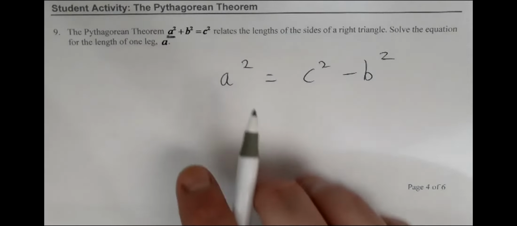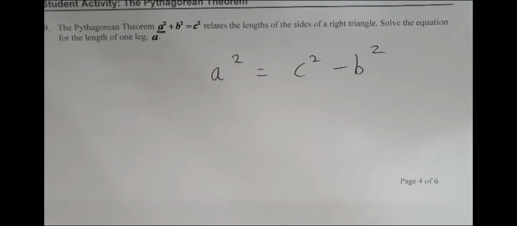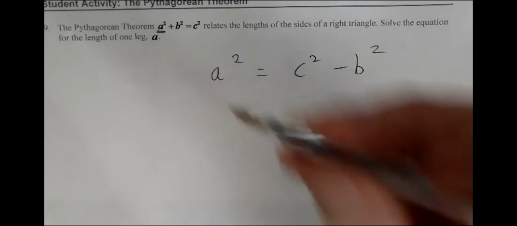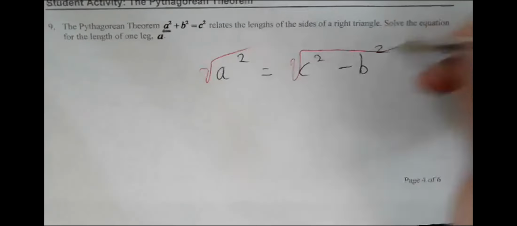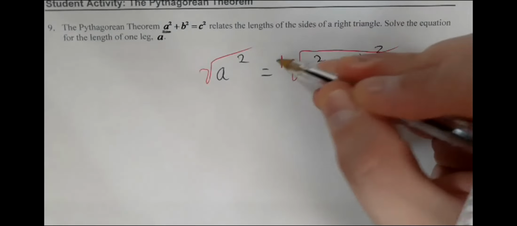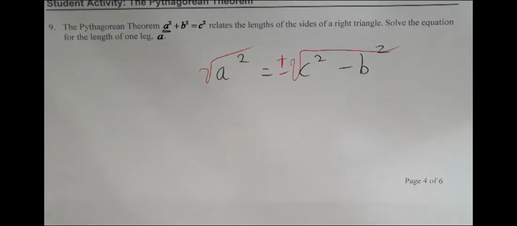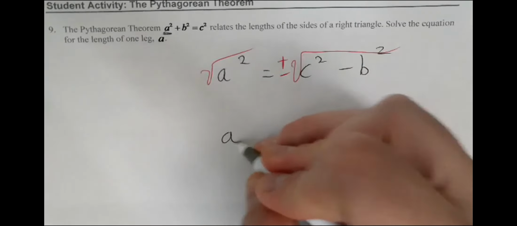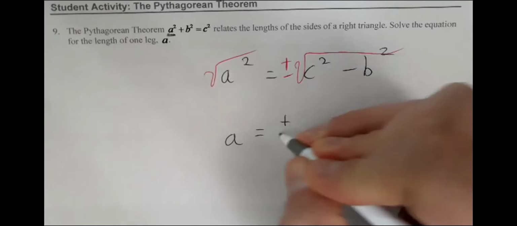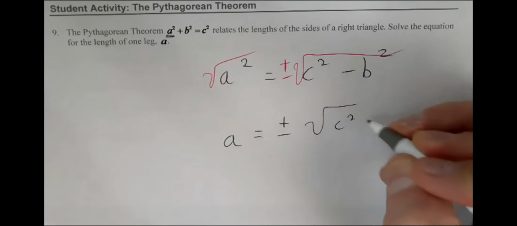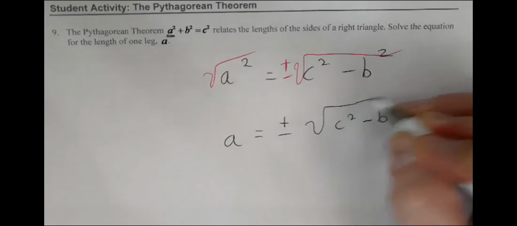We want to solve for a. A is being squared, so this is the square root property. And anytime we take a square root, we have to take a plus or minus. So if we want to get a by itself, a should be equal to plus or minus the square root of c squared minus b squared.